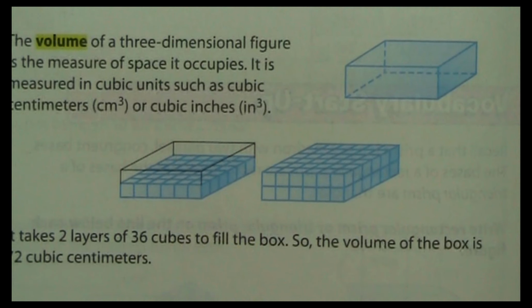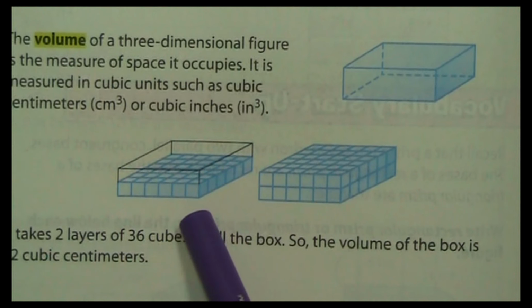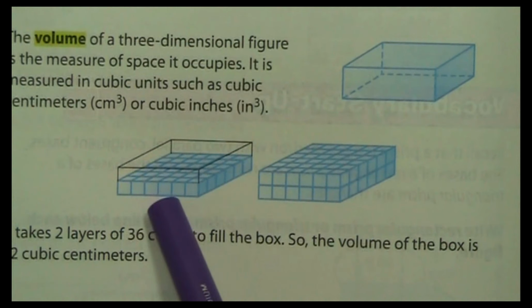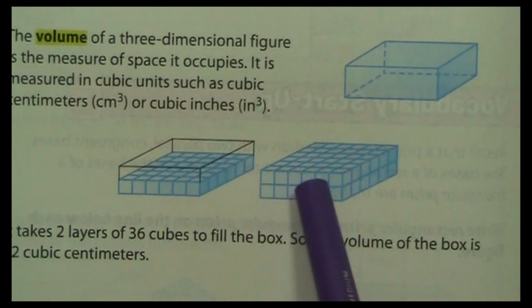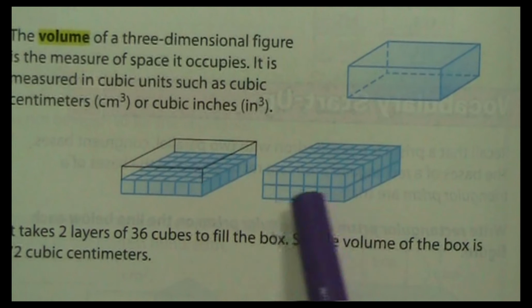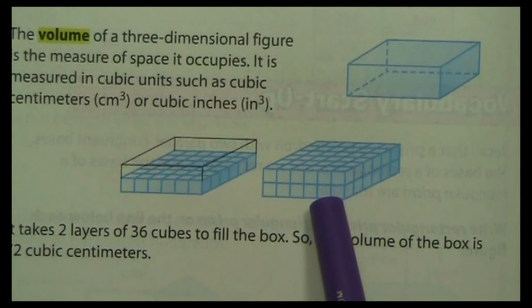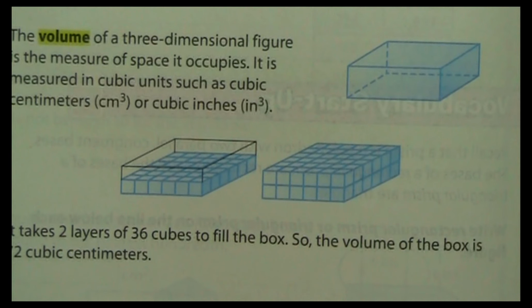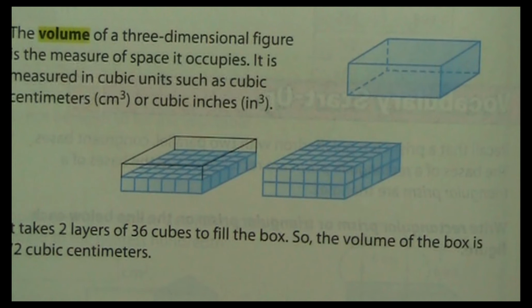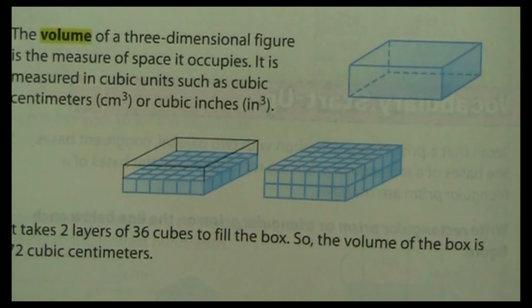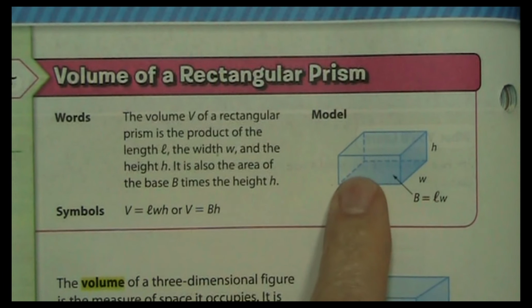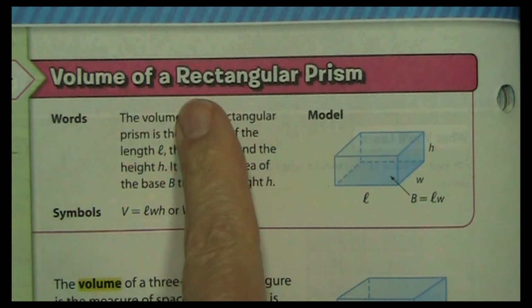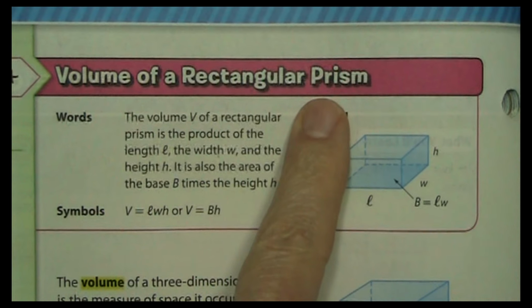And this is a better picture in your textbook. So here's one layer of cubes, then they put another layer of cubes, and that determines how many cubes there are inside. And in this case, it would be cubic centimeters. If it is a rectangle and it's three-dimensional, that's called a rectangular prism.